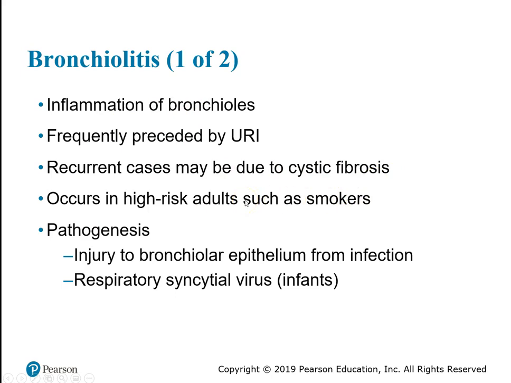It will occur more in high-risk adults like smokers, or somebody that has a disease like cystic fibrosis or some other compromise to the lung. We haven't heard of this very much, but we've heard of bronchitis a lot. Bronchitis happens a lot to healthy people. This you won't see as much in a healthy person, but it could happen.